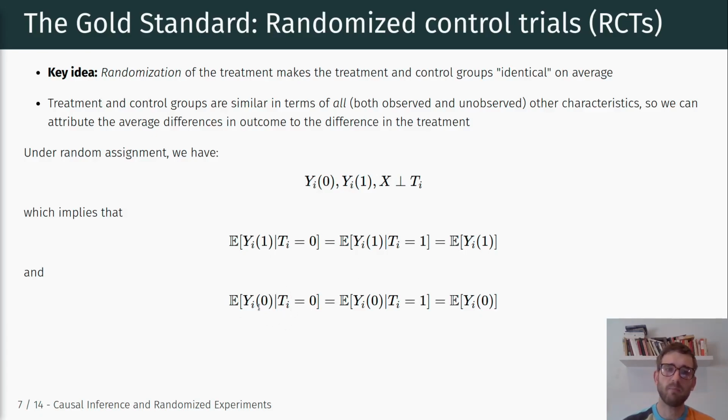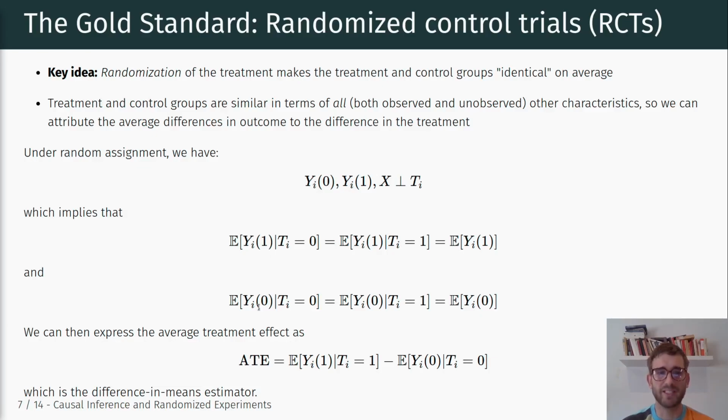So essentially, under random assignment, treatments are independent of the potential outcomes. That means we can just average over the factual outcomes that we observe in the treatment group and in the control group in order to identify and estimate our average treatment effect.